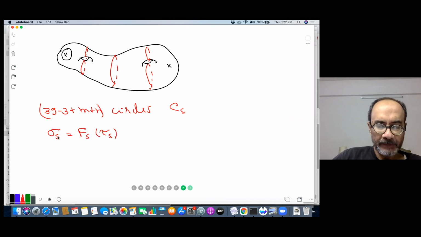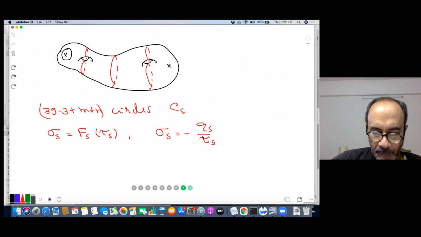But of course, there is a lot of redundancy, because you can change coordinates. You can reparameterize the z's and the w's if you are not interested in local coordinates. So locally, at least, you can parameterize the moduli space by taking sigma_s equal to minus q_s over tau_s, basically the plumbing fixture kind of variable.